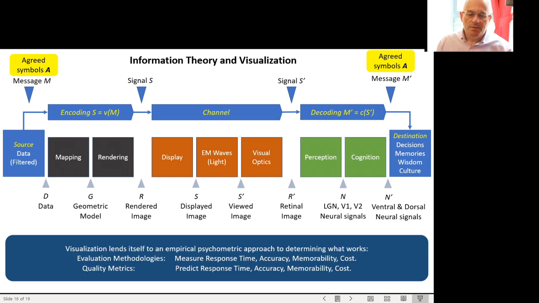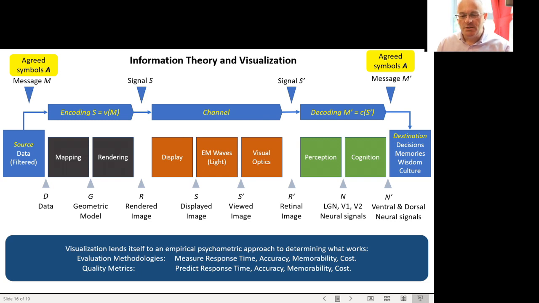Within this framework, visualization lends itself to an empirical psychometric approach to determining what works. So we can try things out in images, we can test if people have received the messages, and we can look at how many people will receive the same message given the same picture. And that's really what we're after. We're not art designers, we're not looking to produce conflicting and different responses in people.